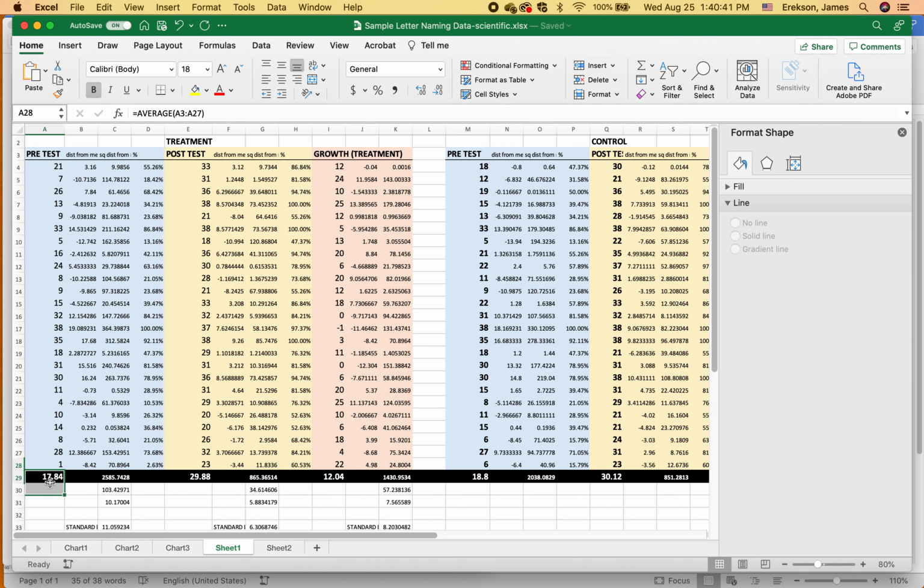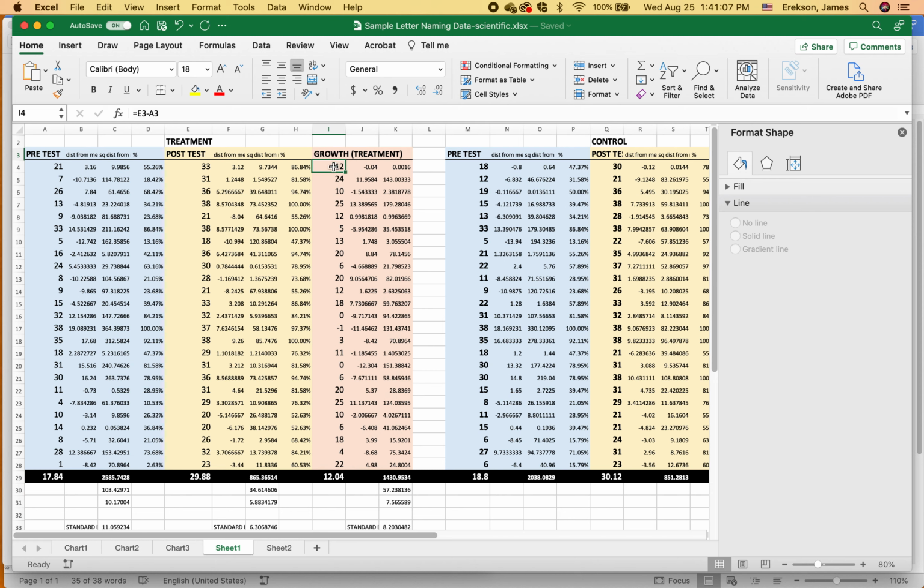At the beginning of the school year, the average number of letters was just under 18. At the end of the school year, the average number of letters named was just under 30, and the subtraction is just that simple subtraction. So the difference between 21 and 33 is 12. The difference between 7 and 31 is 24.